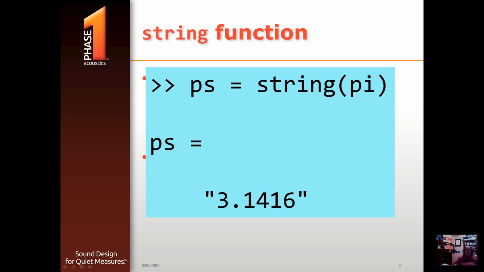If you have access to your MATLAB program and you type this in and check the type in your workspace, you'll see that ps is a string and not a numerical value. So in this case, the numbers and the decimal point are all characters in the string array.